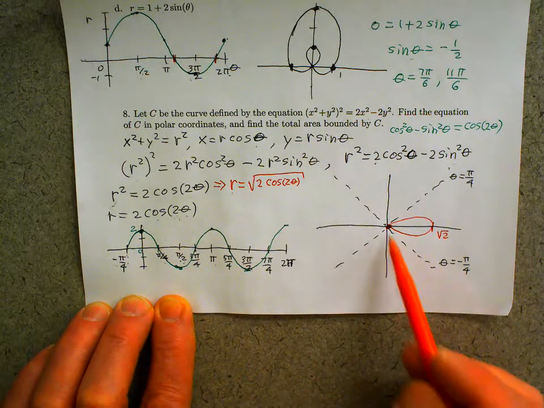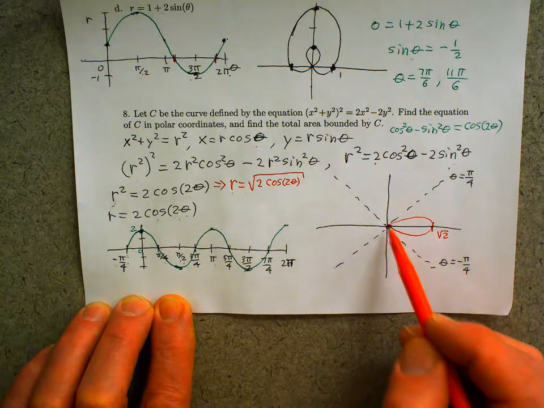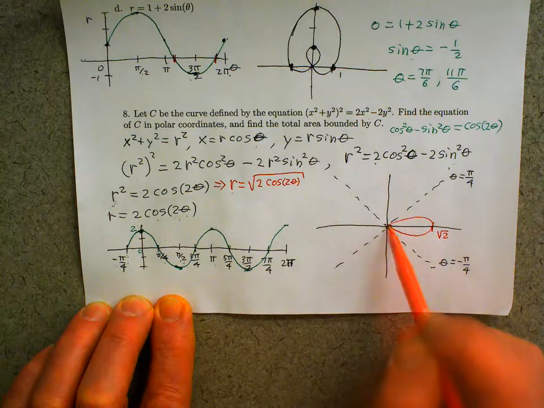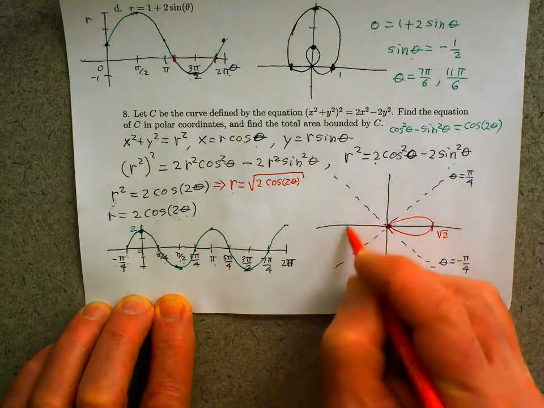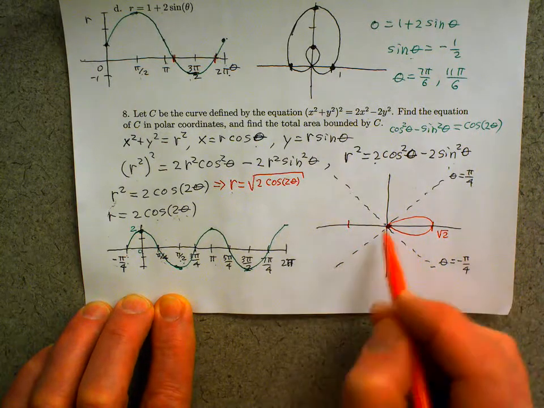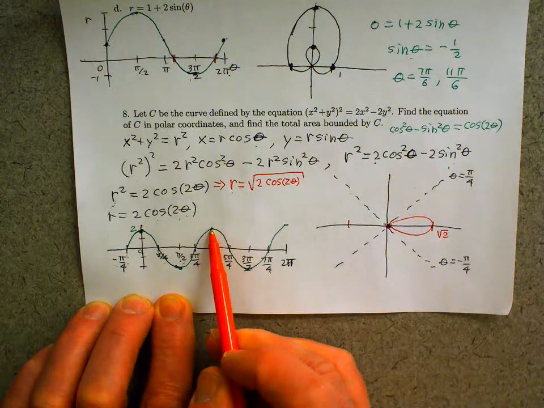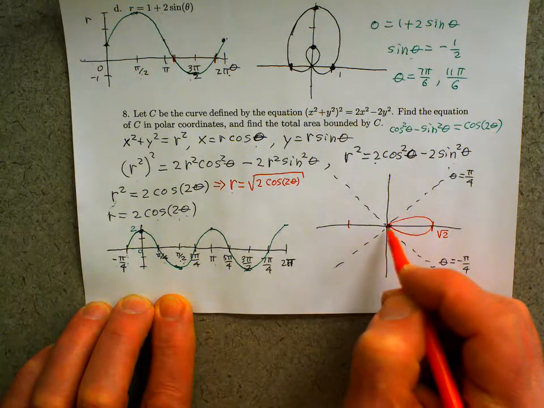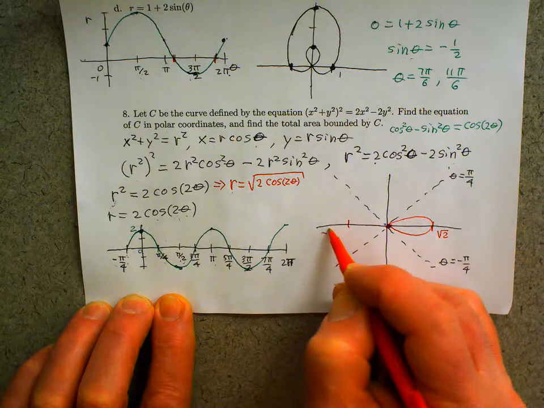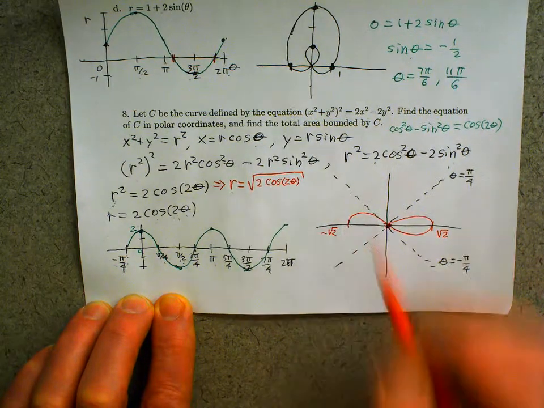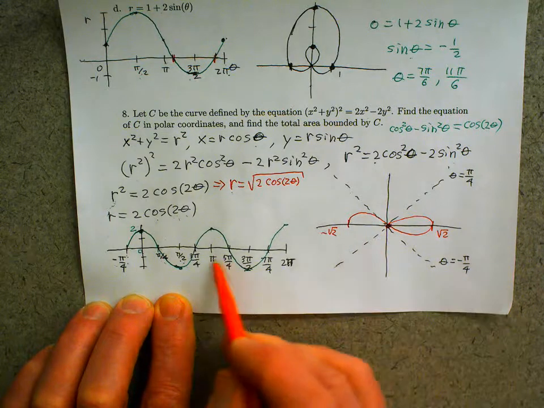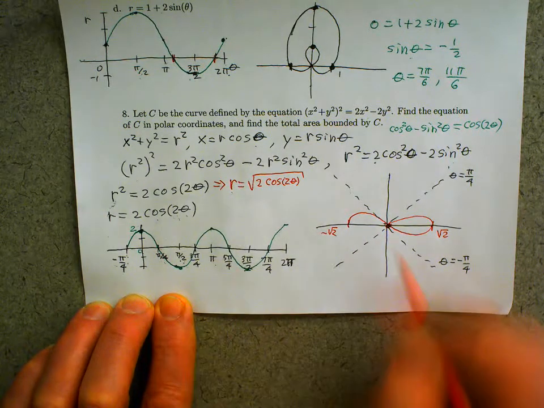And so we pick it up again at 3 pi over 4, and we're 0 here, and then by the time we get to pi, we're at the positive square root of 2. On the x-axis, this number is negative square root of 2. And then from pi to 5 pi over 4, we go back to 0.